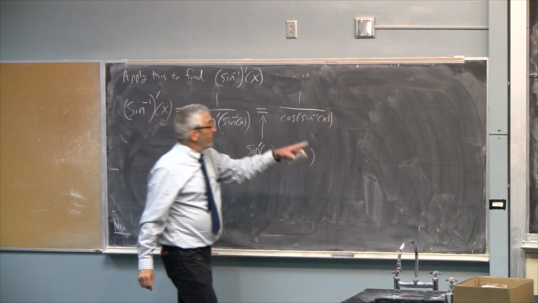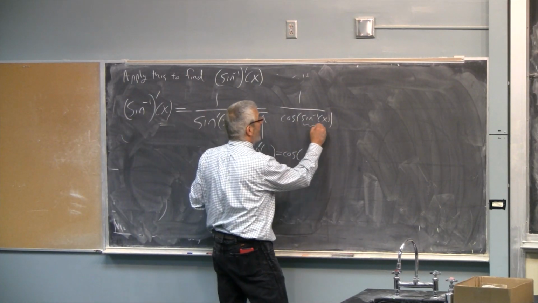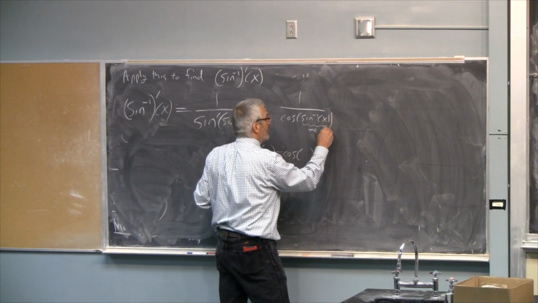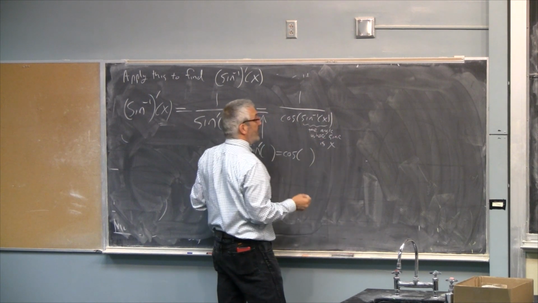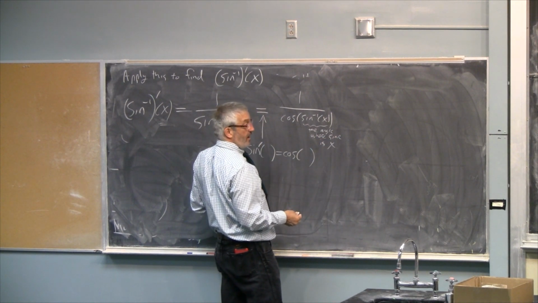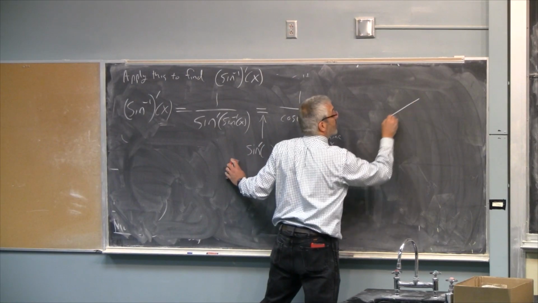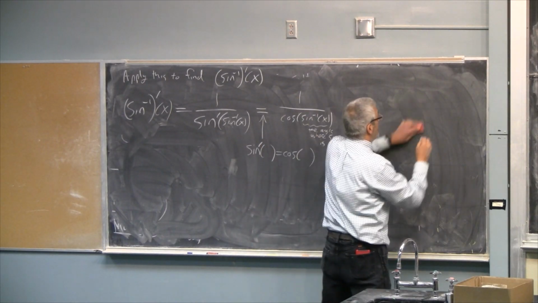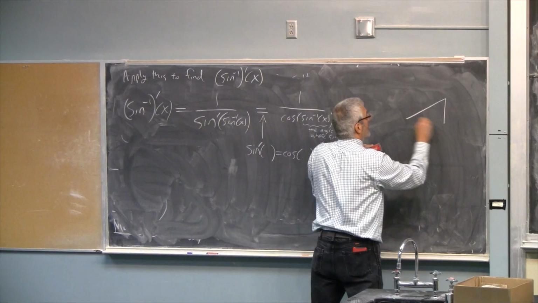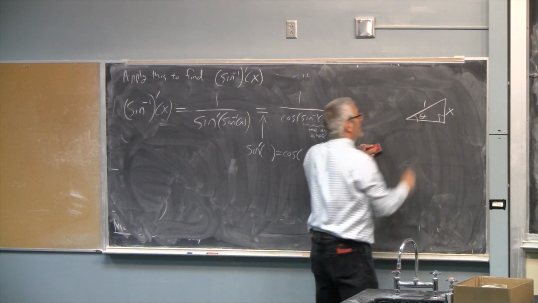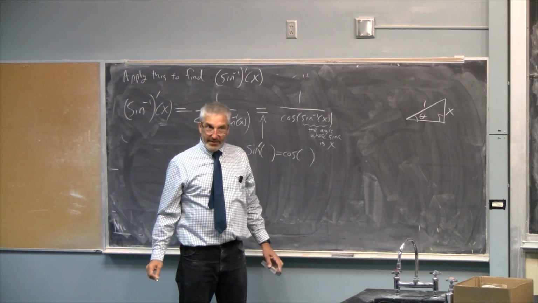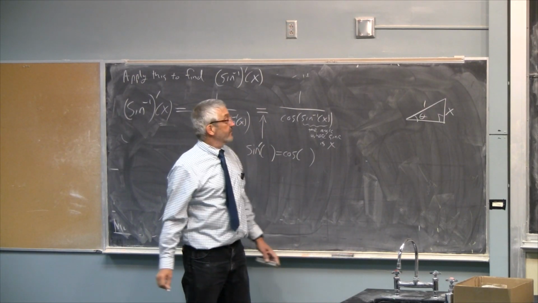Okay, well, we've got a situation where this stands for the angle whose sine is x. So I need to draw a picture of an angle whose sine is x. There, I did it. That's a picture of an angle whose sine is x.